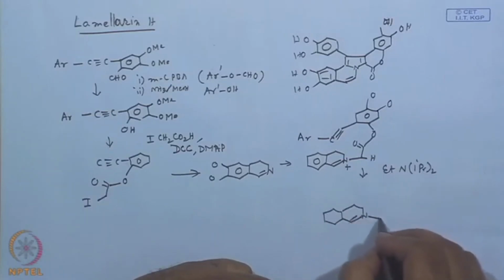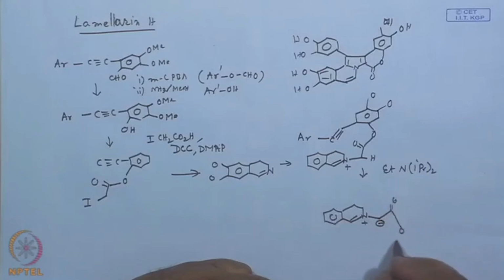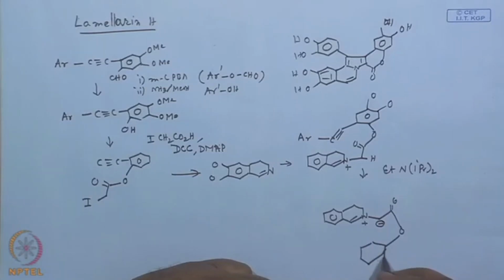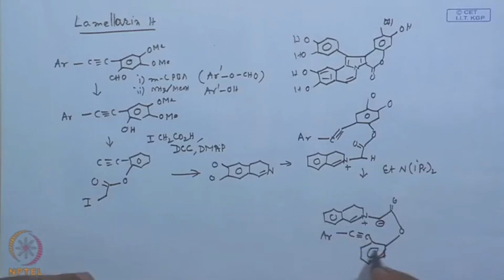So, what we will have now, this is the negative charge and this is the positive charge here. I think I will write it this way, otherwise this is then carbonyl, maybe now you will have this one, and then you have this triple bond, right, and this is Ar, and then you have all kinds of this oxygen here and here.